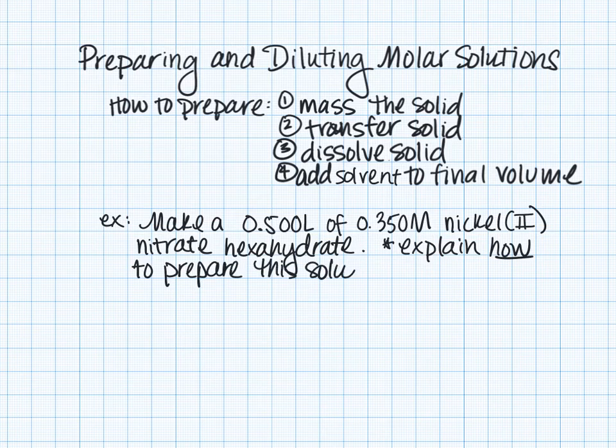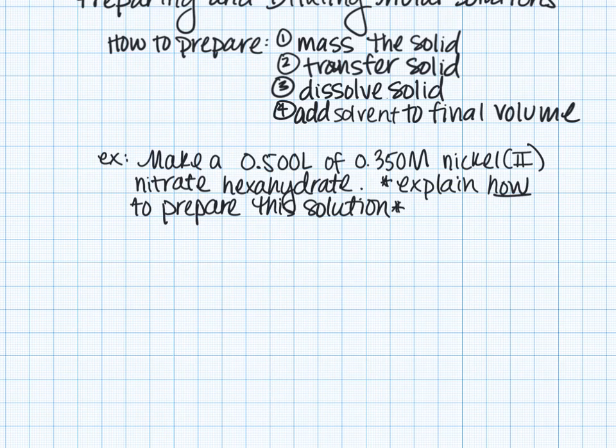So keeping the steps in mind, I want to mass the solid, right? That's my first step, is to mass the solid. In order to mass the solid, I need to know what mass of the solid I need. So really step 1 is the only step where you're doing calculations. Every step thereafter, the calculations are finished for you and they are just hands-on.